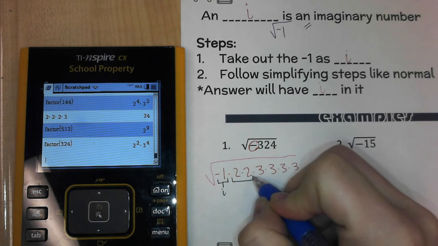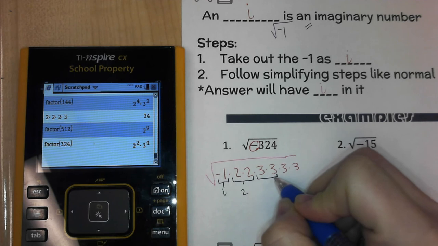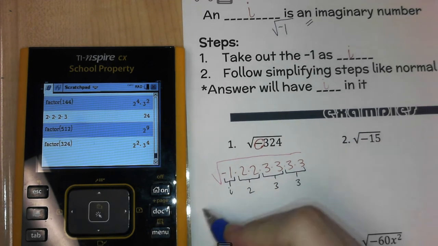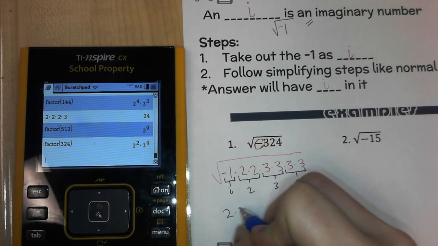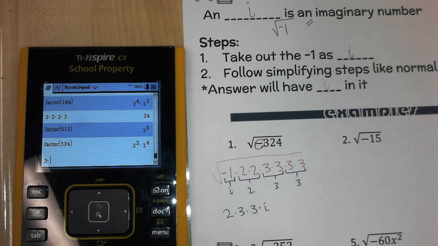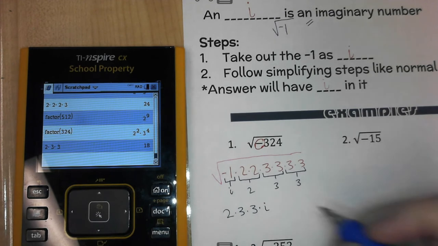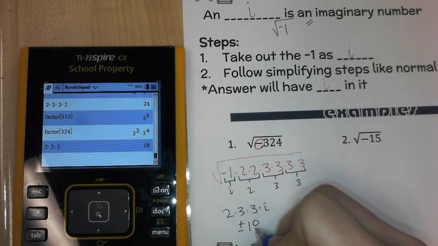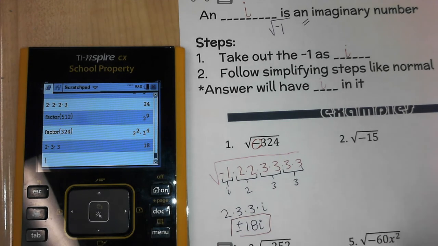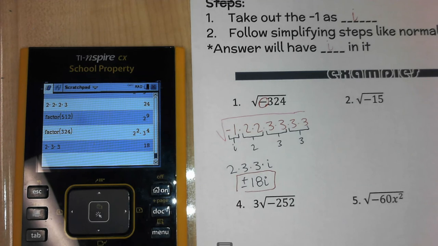And we're going to group by pairs again. So outside our radical, we've got 2 times 3 times 3 times i. So 2 times 3 gives me plus or minus 18i. This is my answer. So this is what our answers are going to look like.